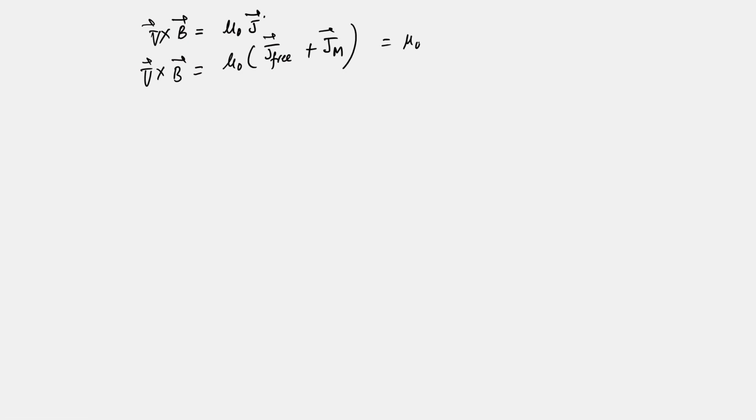So, this is equal to mu 0 j free plus mu 0 curl of M, because that is the definition of this volume current.